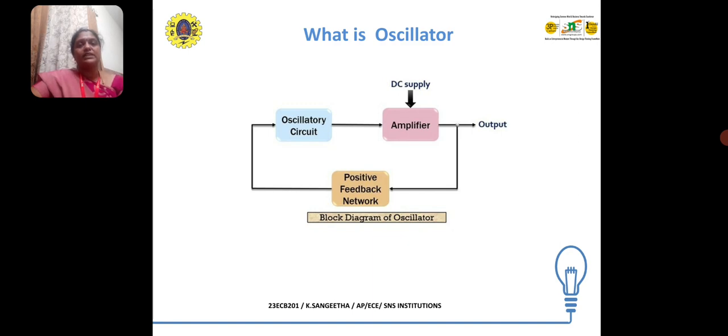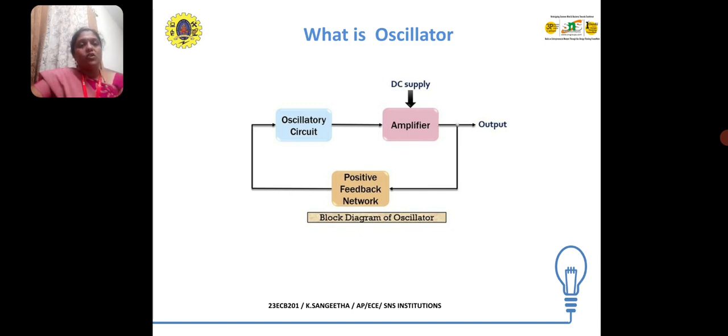So what is an oscillator? An oscillator is a circuit which produces different types of waveforms: sine waveform, cosine waveform, square waveform, triangle waveform. But without giving any external input, it can produce the output. How is it possible?